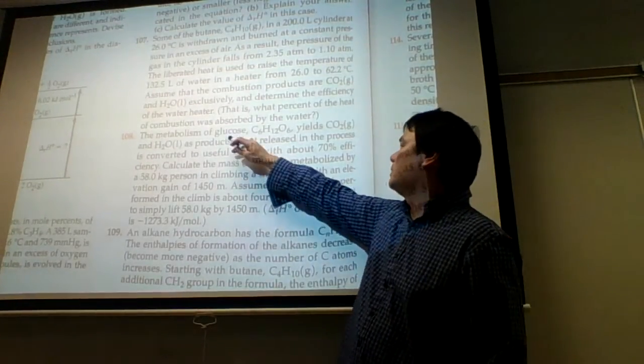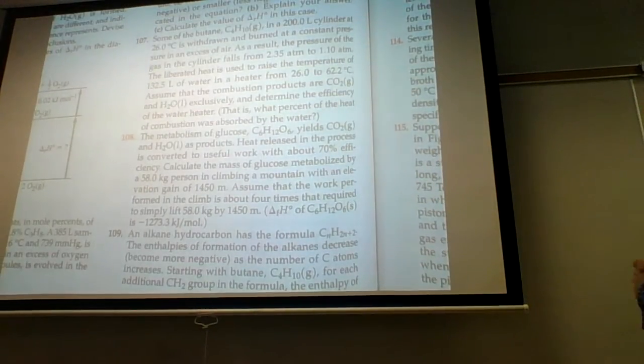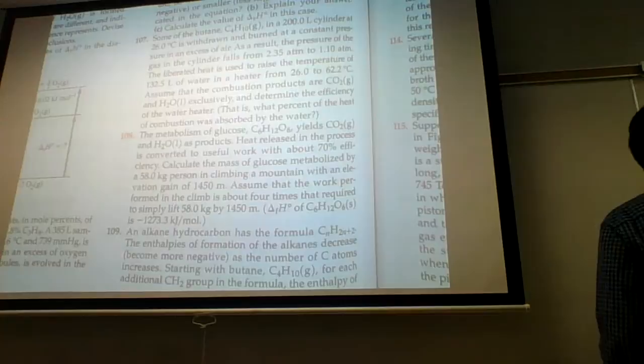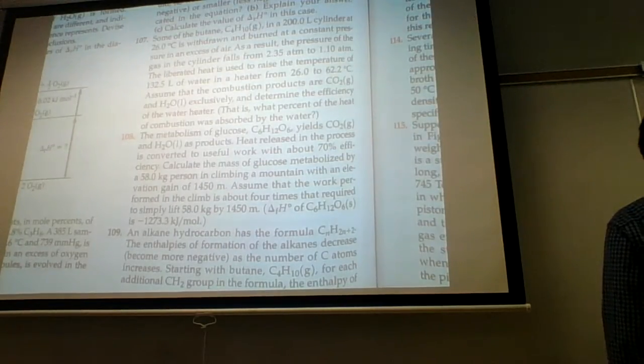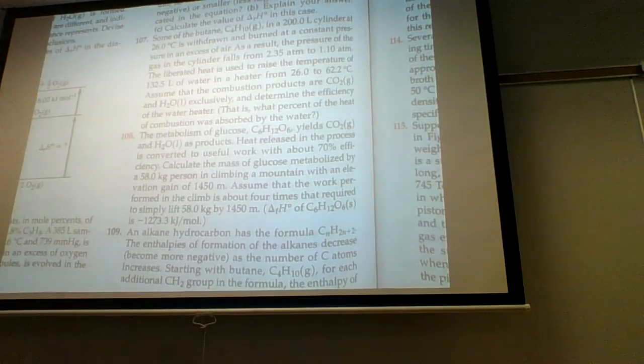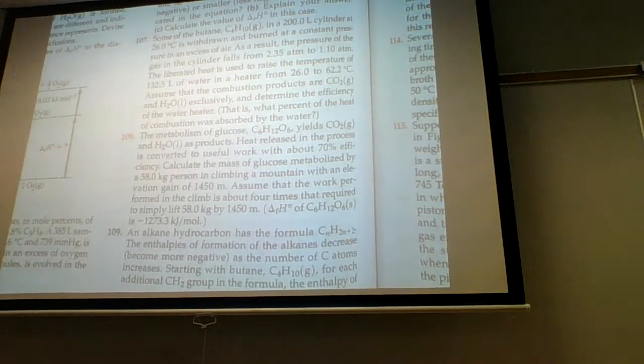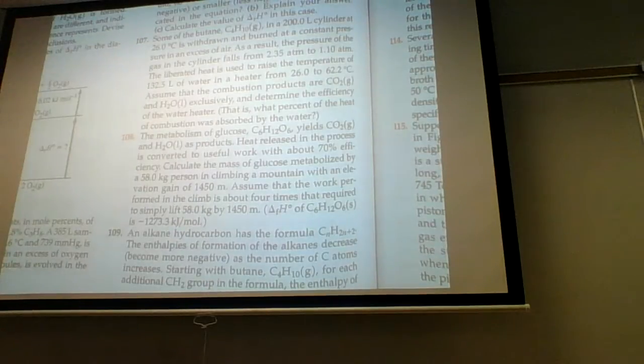We're going to look at the metabolism of glucose, C6H12O6. Glucose is a carbohydrate or sugar. It's a solid white crystalline substance. So you eat this stuff and then you inhale oxygen, and then it undergoes metabolism.